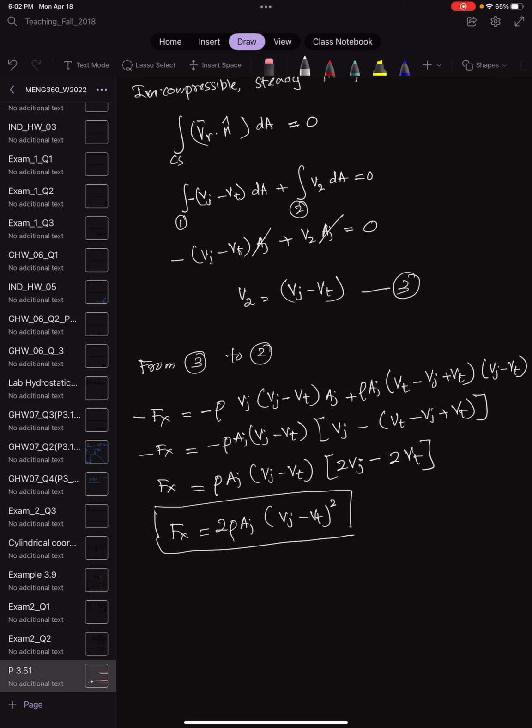To find power, we obtain that P is equal to torque times omega. Here I should have written Vt in terms of given values.